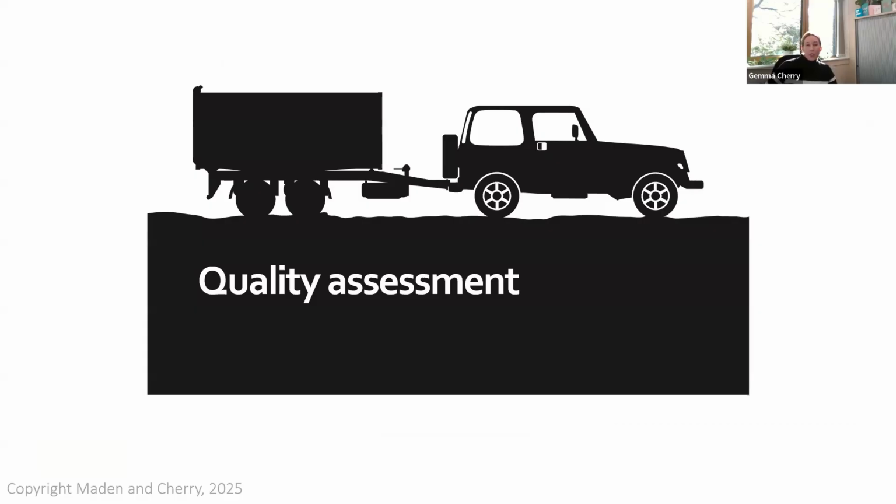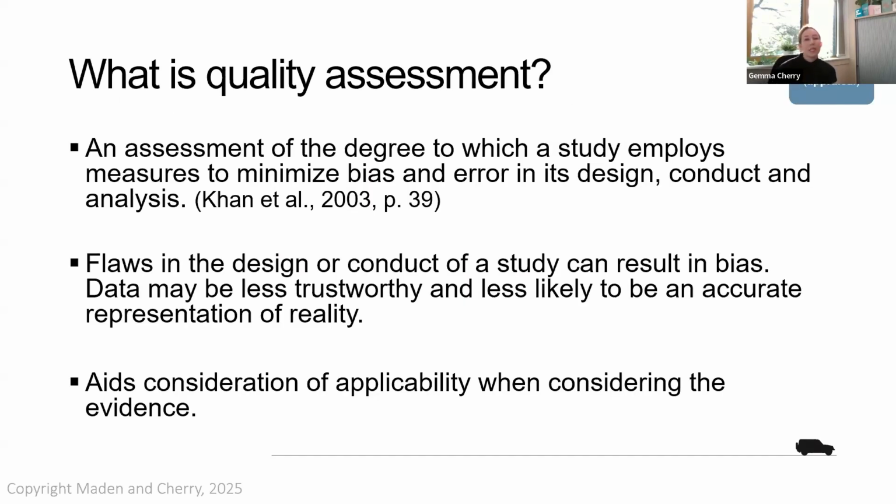So it's not enough just to take out data. You also need to look at the quality of individual studies, because quality assessment allows you to determine how robust the methods are and therefore how trustworthy findings are. And it's really important to think about this rather than just assume that every study is equally as good as every other study. Okay.